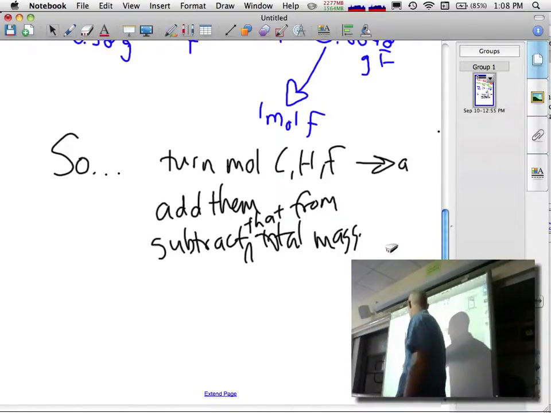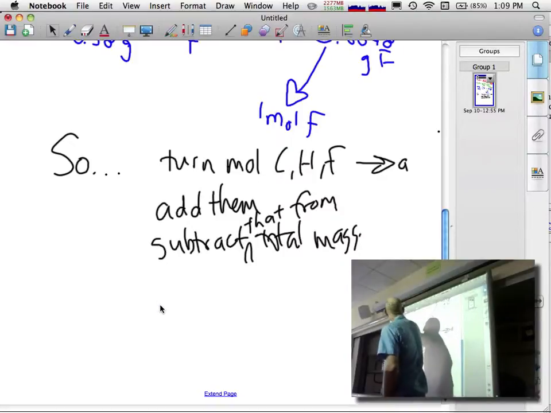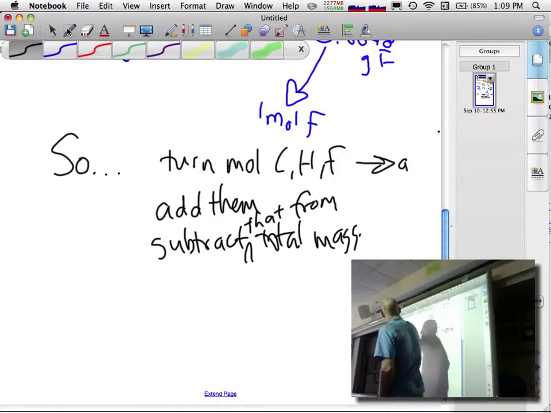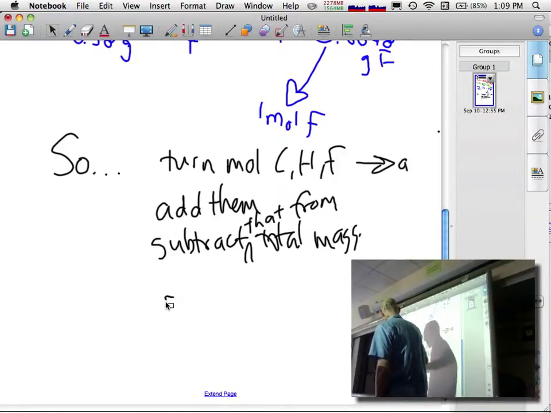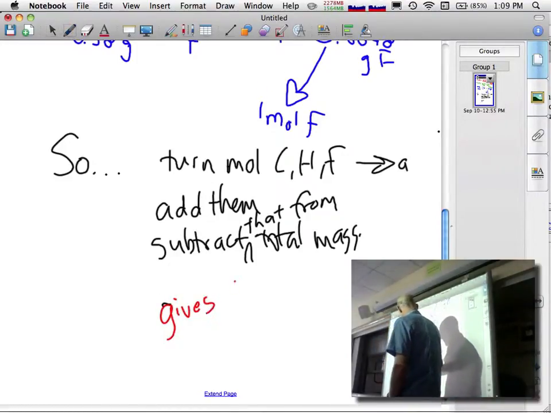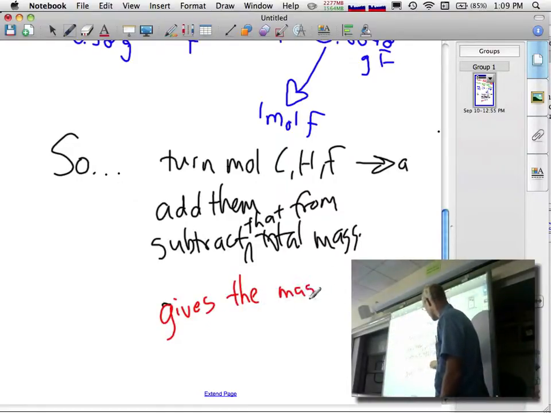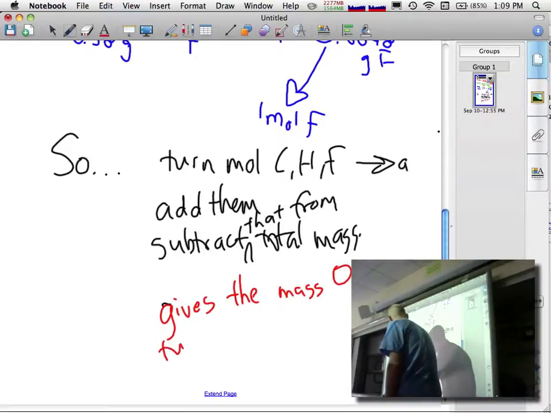Then that gives you the mass of oxygen, turned into moles.